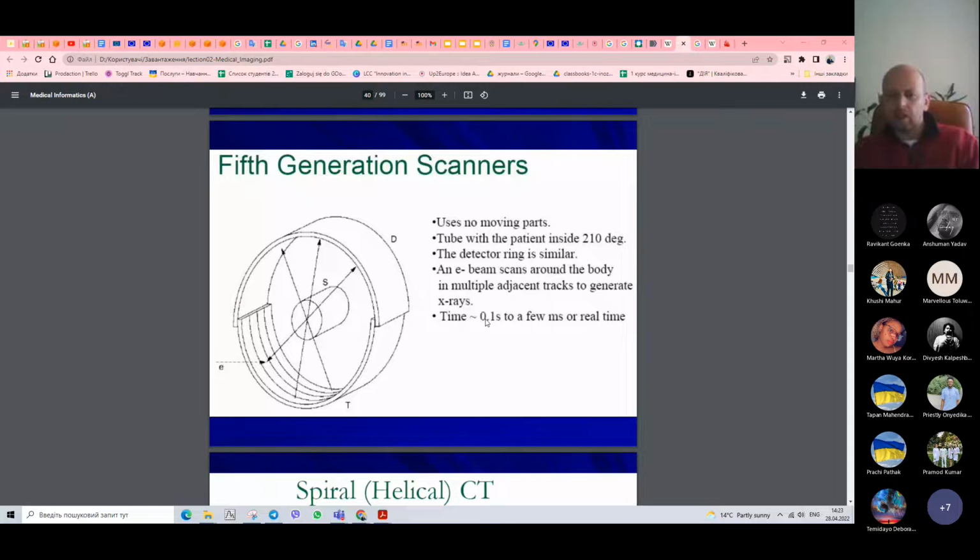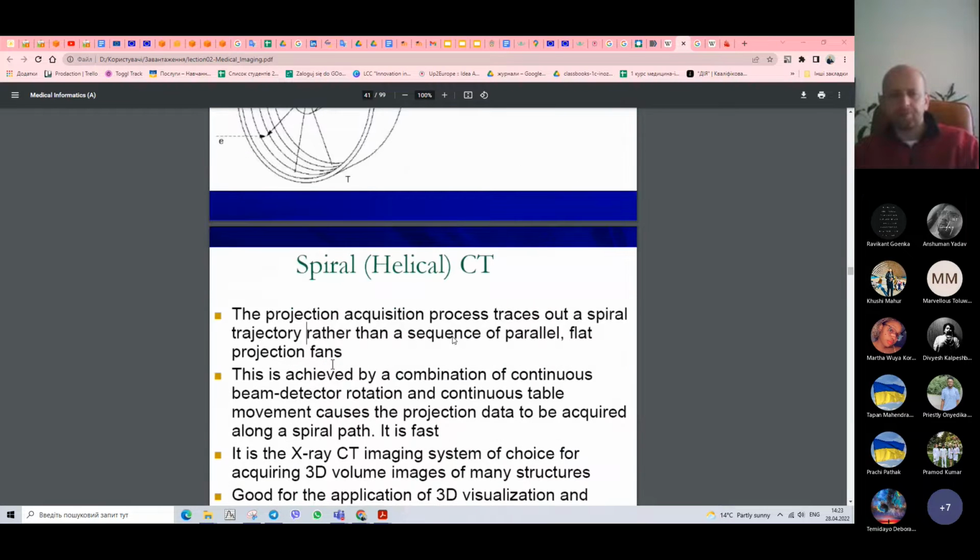Time is around 0.1 seconds to a few milliseconds, or real time. As you see, this rotates synchronously around the body, and we can get an image.